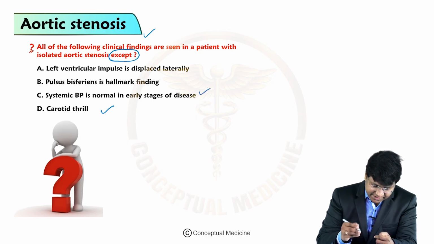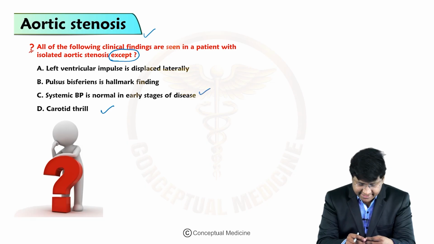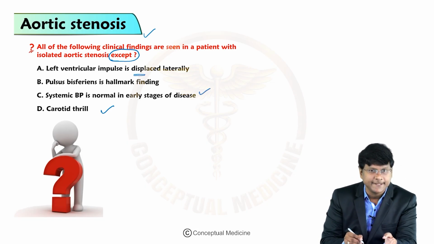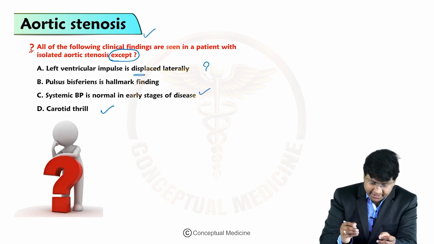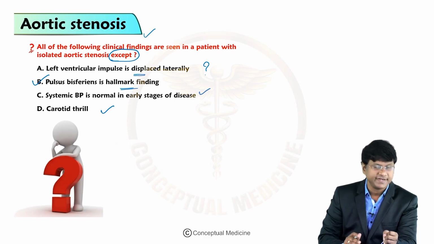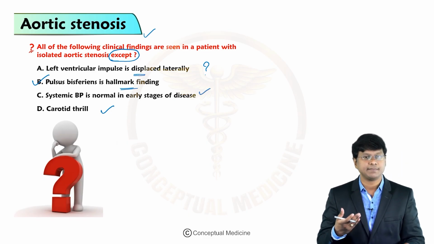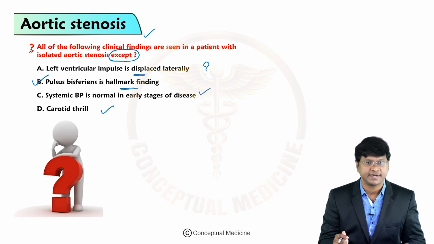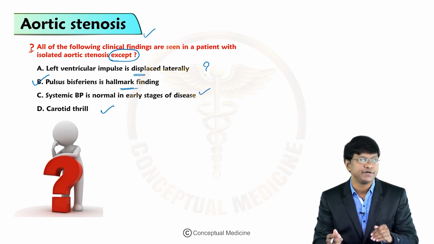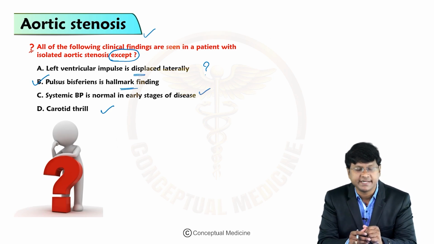Systolic blood pressure is normal in early stages of the disease. Left ventricular impulse displaced laterally is slightly a question mark, and pulsus bisferiens is the hallmark finding is a wrong statement. So what is the pulse you will have in patients with isolated aortic stenosis? That is pulsus parvus et tardus, right? The characteristic pulse of aortic stenosis is pulsus parvus et tardus.